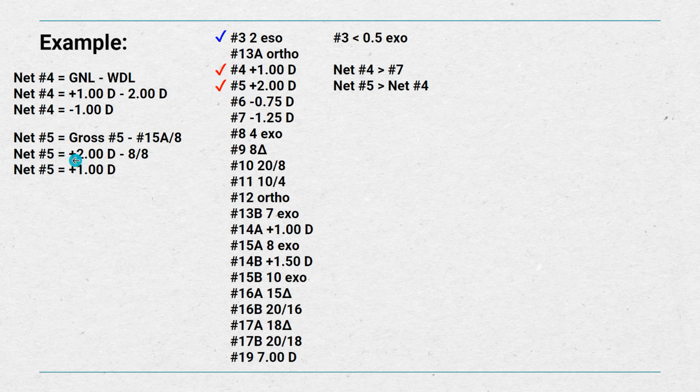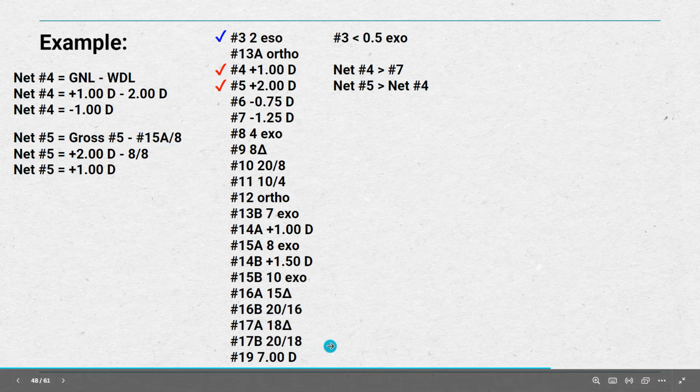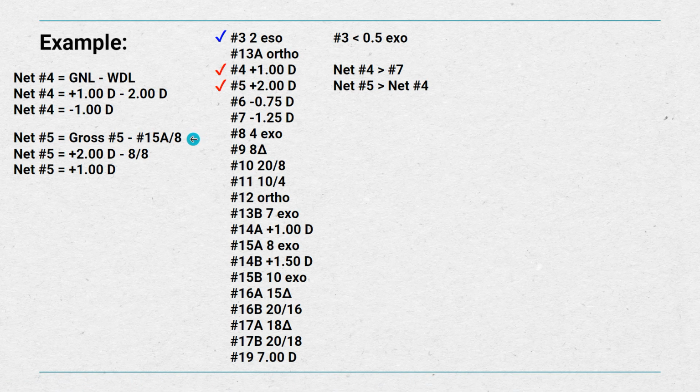For number 5, you also get the net. The formula you use is gross number 5 minus number 15A over 8. Since our number 19 is greater than 5 diopts, the 19 over 5 is not multiplied.